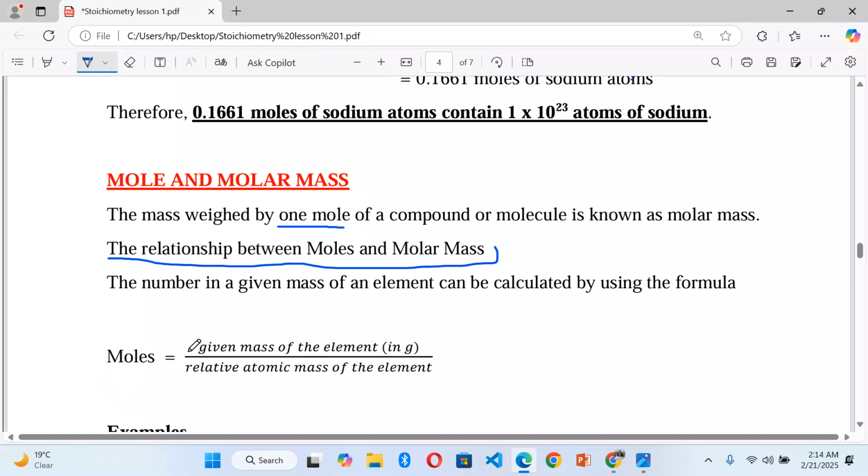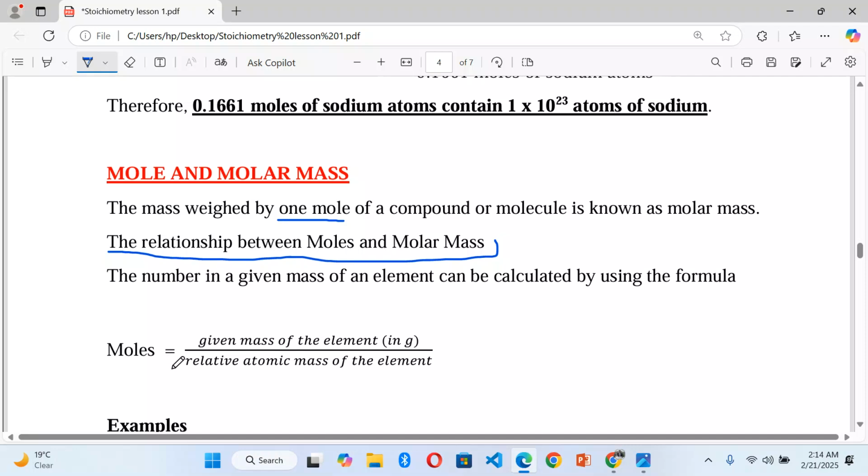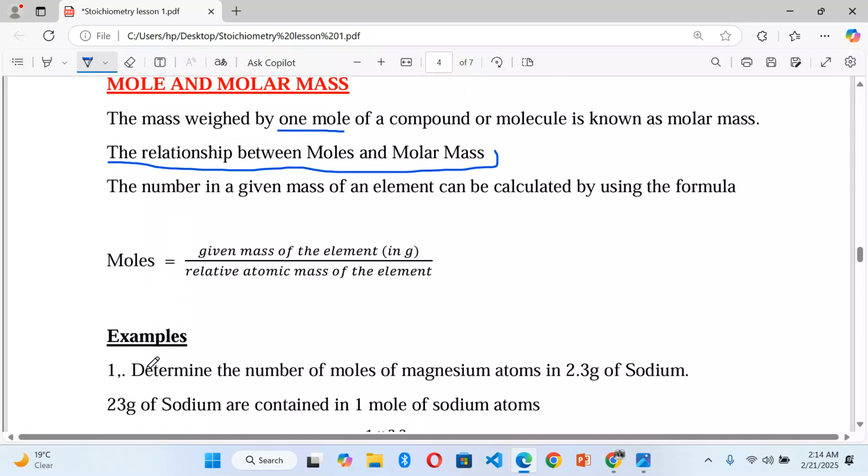Let's have an example. This is just a formula, but we can also use the first principles. For example, here they're saying determine the number of moles of magnesium atoms in 22.3 grams of sodium.